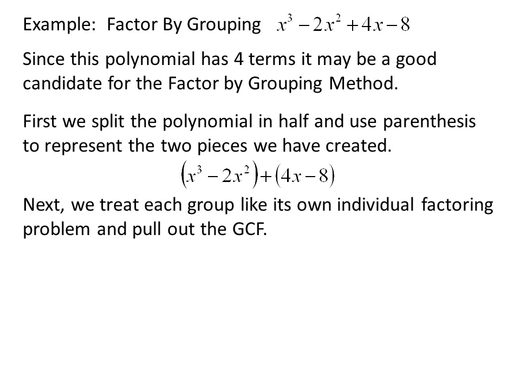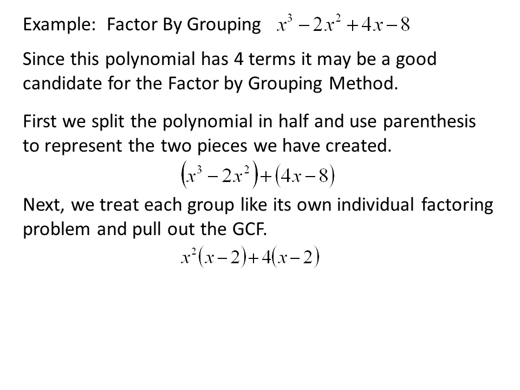Next, we're going to treat each group like its own individual factoring problem and pull out the GCF for each of them. For x cubed minus 2x squared, the GCF is x squared. So for my first group, I factor out x squared, and when I do that, I have left in the parentheses x minus 2. For my second group, 4x minus 8, the GCF is 4, so I pull out the 4 and I have left an x minus 2.